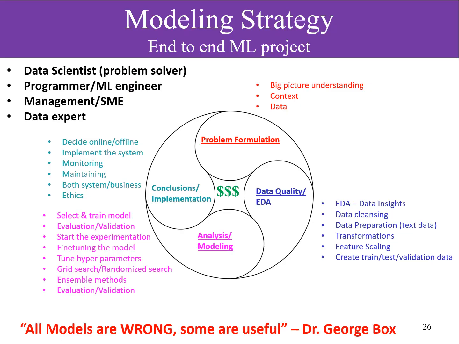Okay, and I want to quickly give you the modeling strategy for end-to-end ML projects. There are 4 components here: problem formulation, data quality, EDA work, analysis, modeling, and conclusions and implementation. This is a broad collection of steps that you follow in modeling-specific activities.